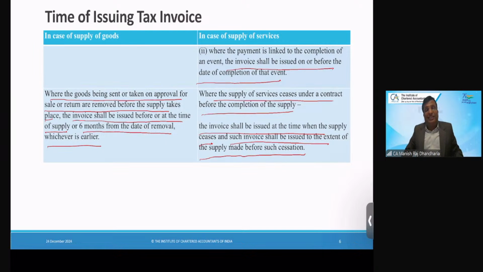In that case, if they prepare the tax invoice, it will be very difficult for them, क्योंकि tax invoice जब आप बनाएंगे, there are certain mandatory contents we'll discuss later on that have to be written on the tax invoice. So the law has given some relief. What is the relief given?